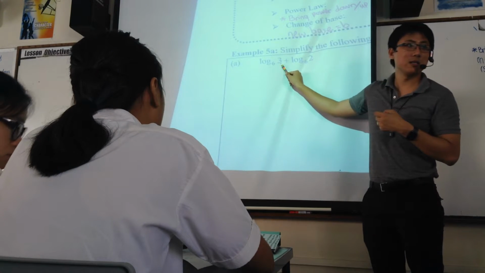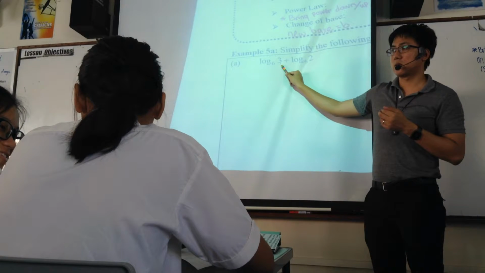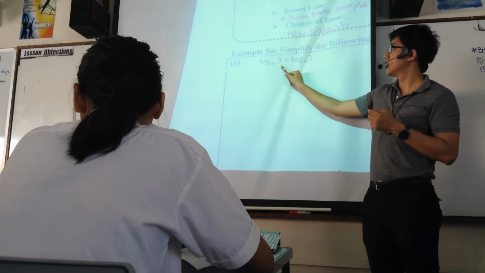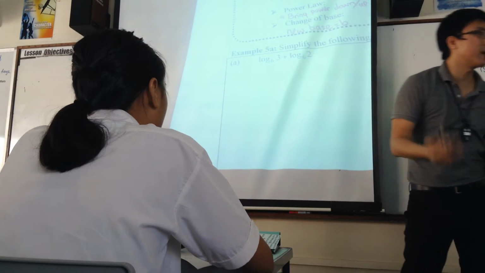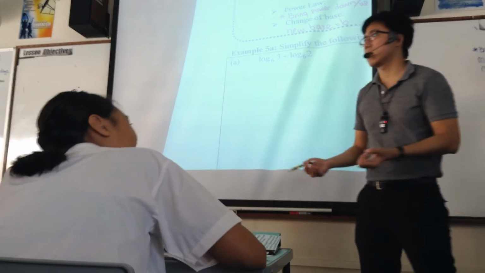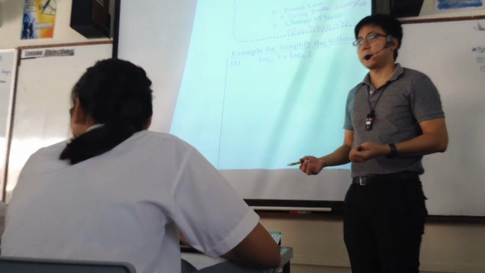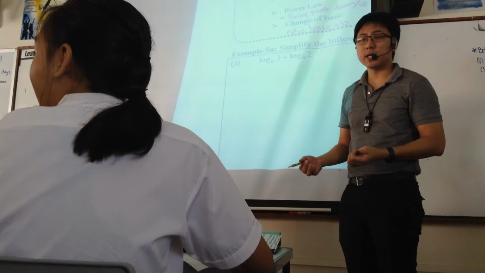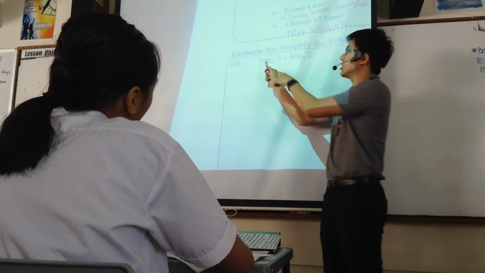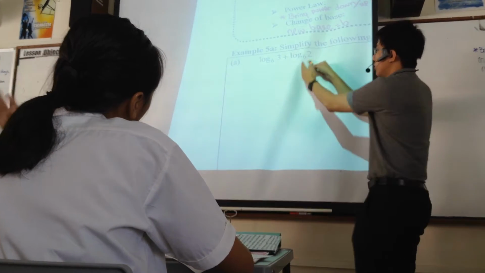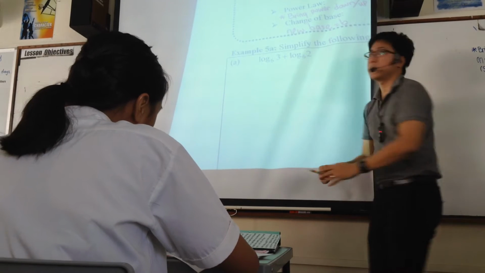What's the answer? Press the calculator. How to press? Very good. The answer is cannot press. Why? Because the calculator is base 10, right? So I'm going to show you how to press this in your calculator. Help me to draw a line.